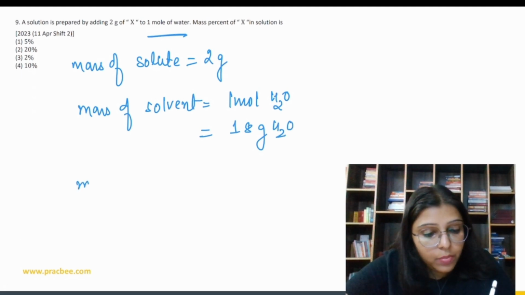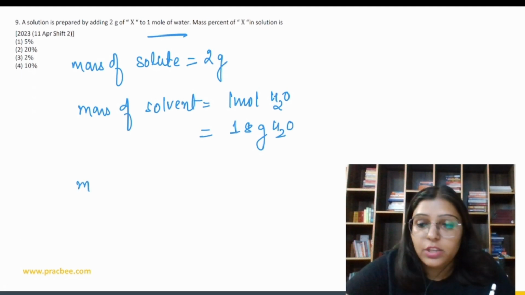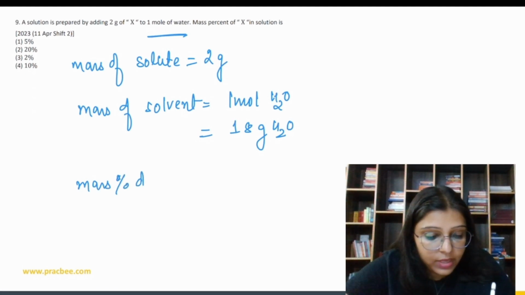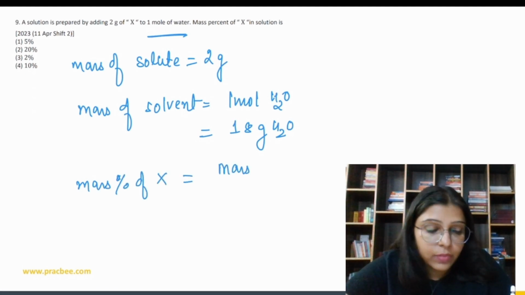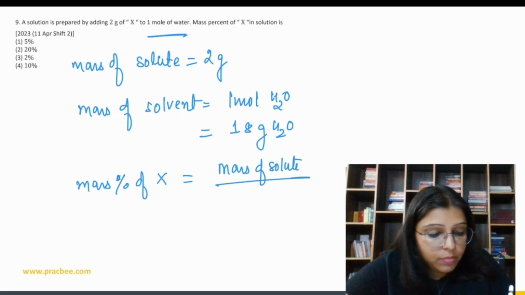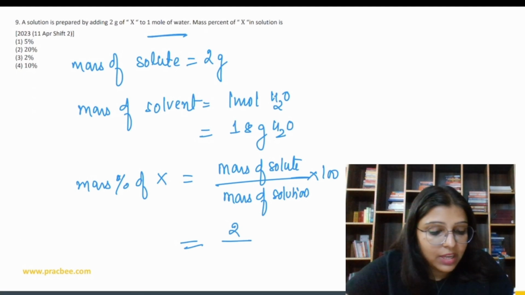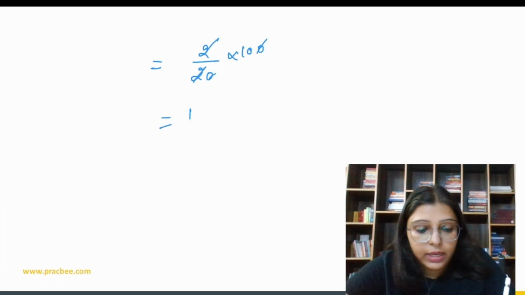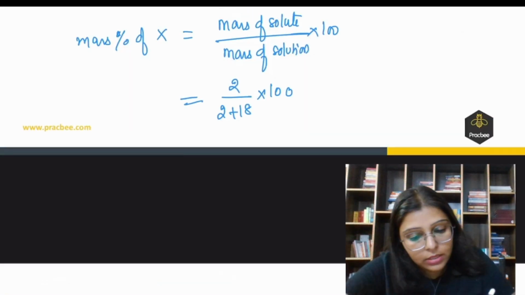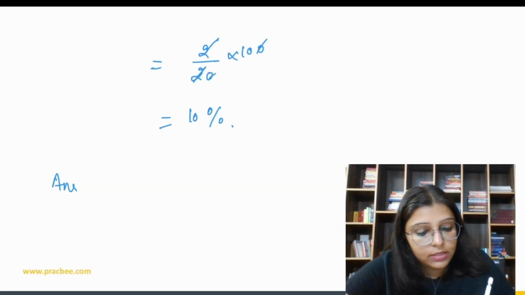So mass percentage of X means mass of solute divided by mass of solution into 100. Mass of solute is 2, mass of solution is 18 plus 2, into 100. So we get 2 by 20 into 100, which is 10%. So answer is 4.